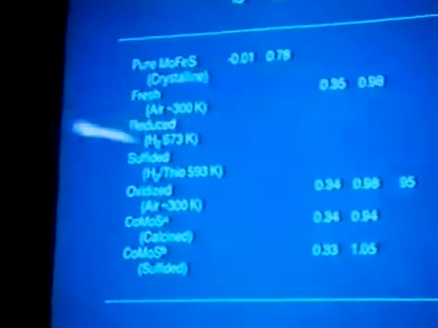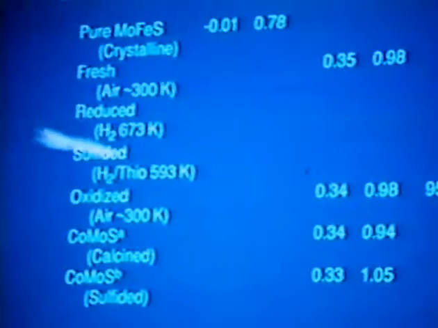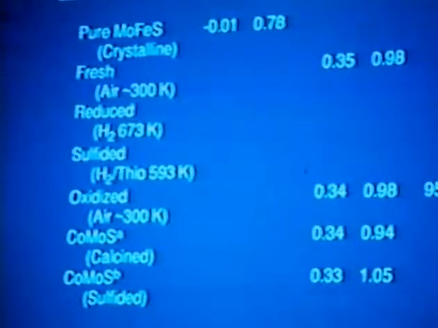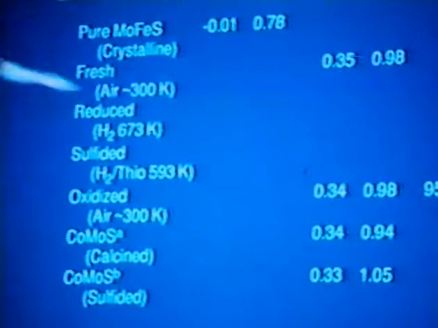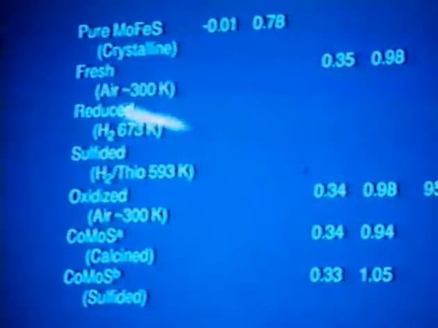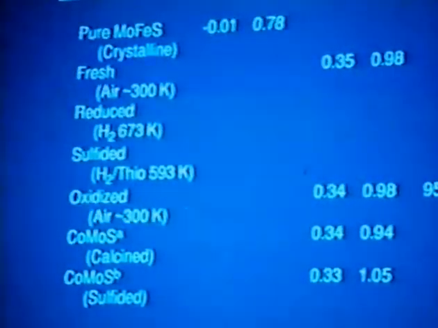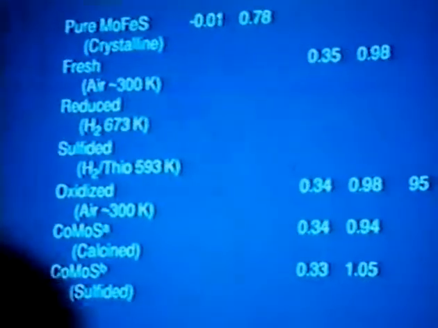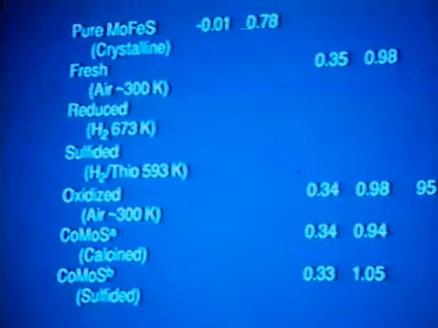There's very little difference between the catalyst in the reduced state and after sulfiding. And I should mention that these are all in situ. The spectra were collected immediately following exposure to the reactant or the reducing stream. And we see very little difference between the two.